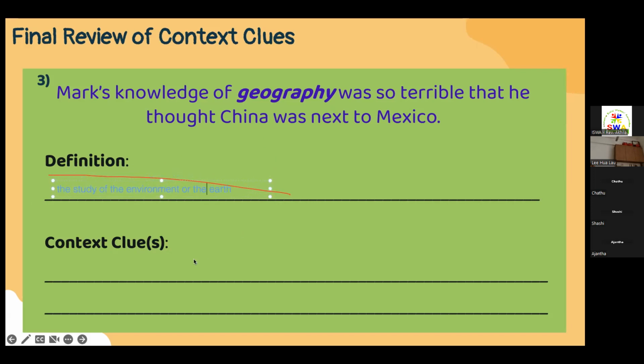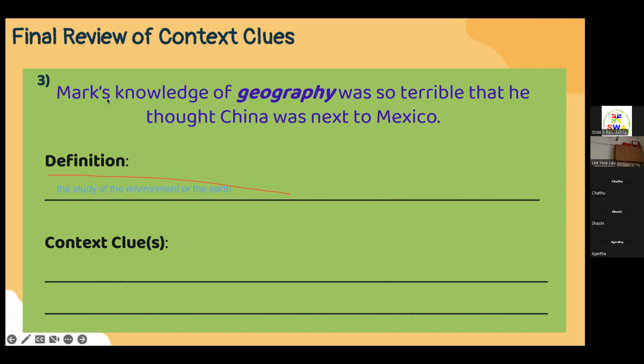Do you remember what teacher Jeannie taught you previously, the different kinds of context clues that you can use? Which context clue comes into play here and is being applied here?